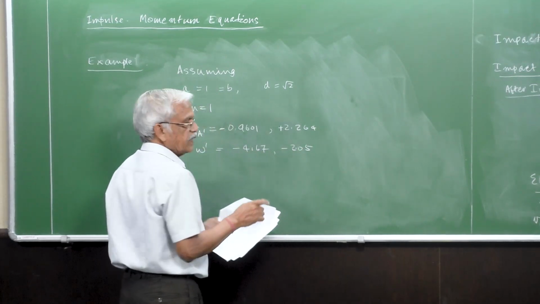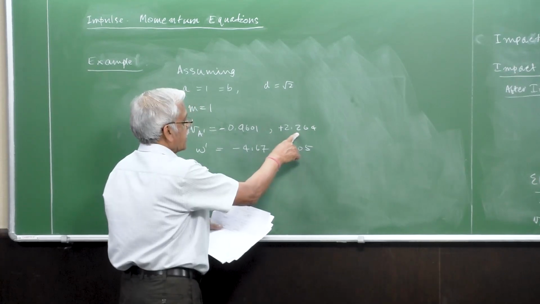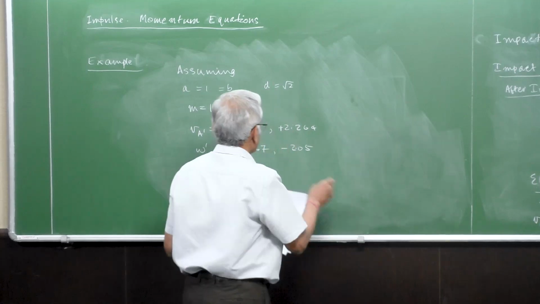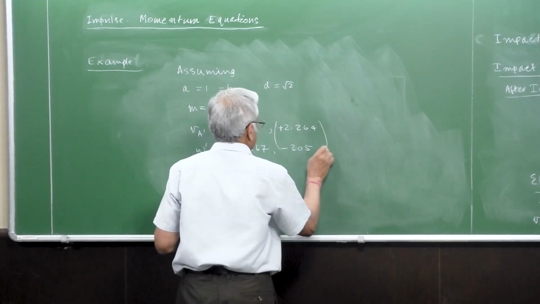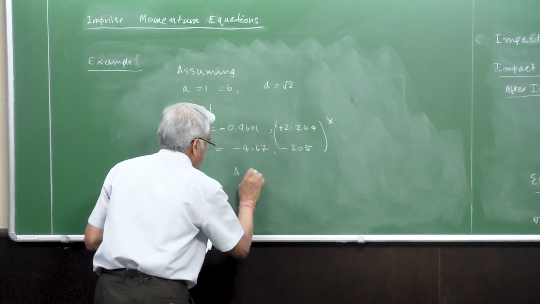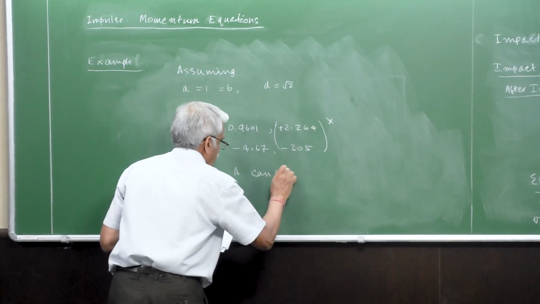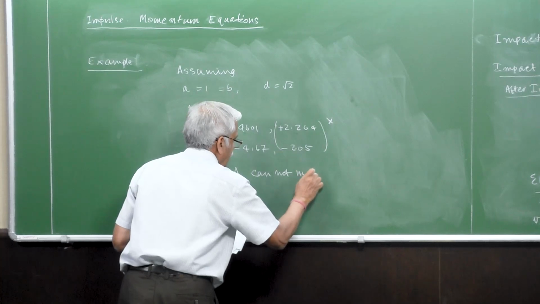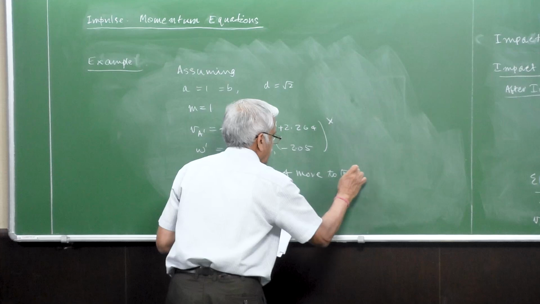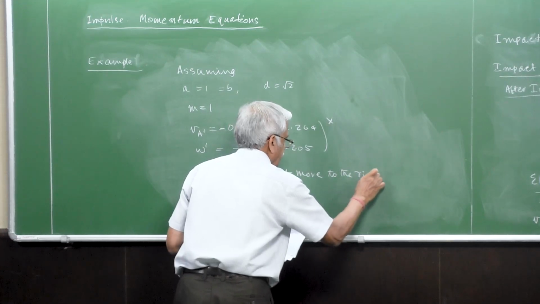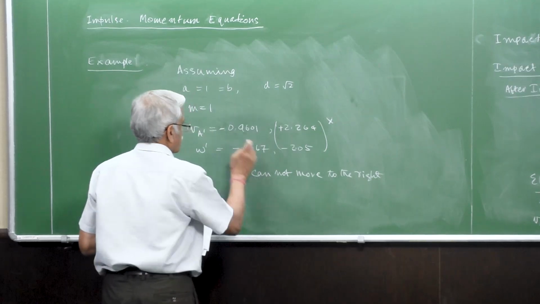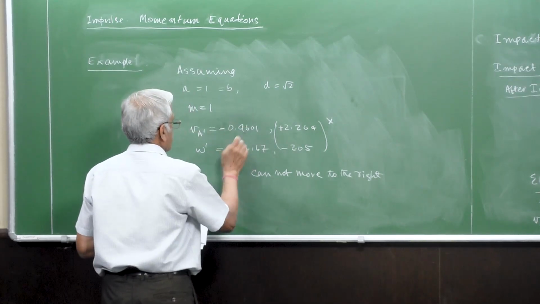Okay, so the positive solution is not acceptable because A cannot penetrate, it cannot move to the right. So that way we'll take it to be negative.